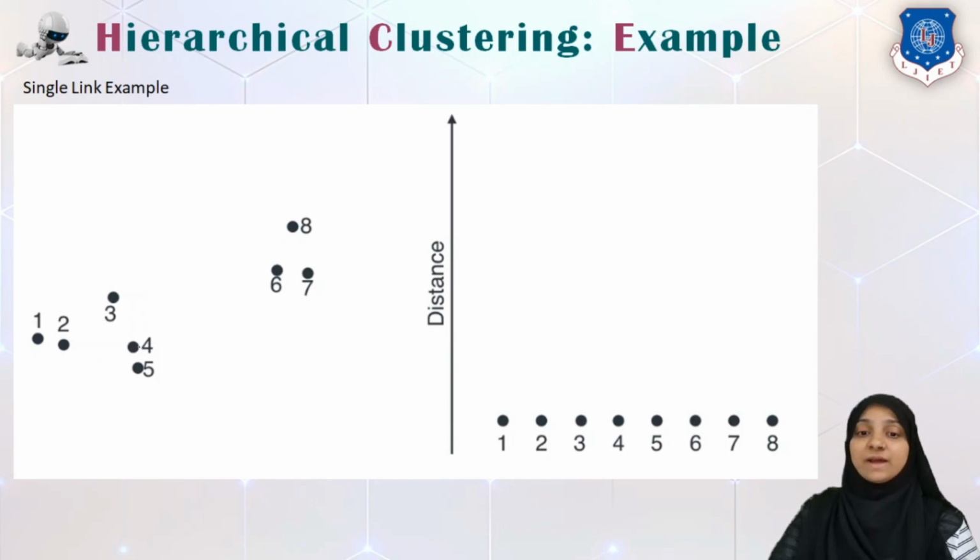From this diagram, I can see that 4 and 5 are the nearest to each other in terms of their distances. Okay, so I will join 4 and 5 with one branch of a tree. And this is the start of my dendrogram diagram. Over the left hand side is the representation of data points. Over the right hand side, I will keep on building the dendrogram of the clusters.